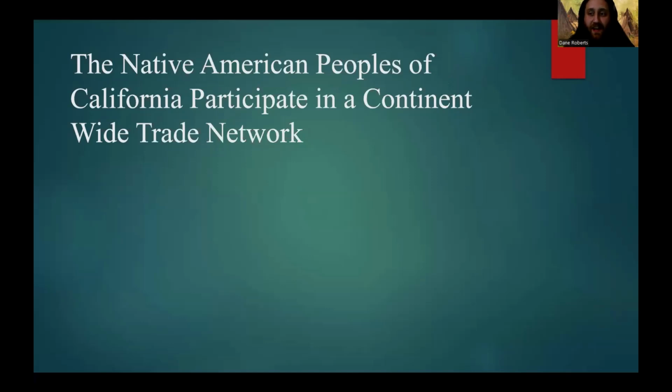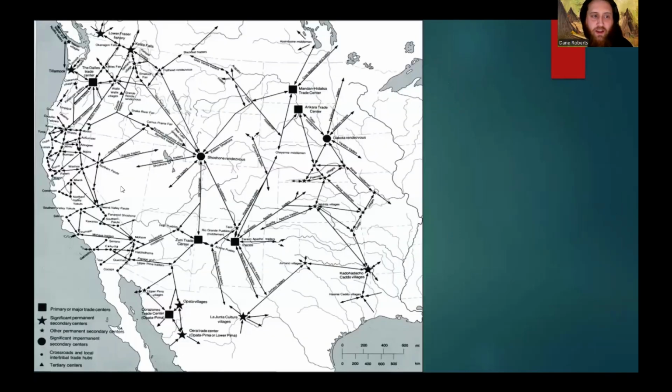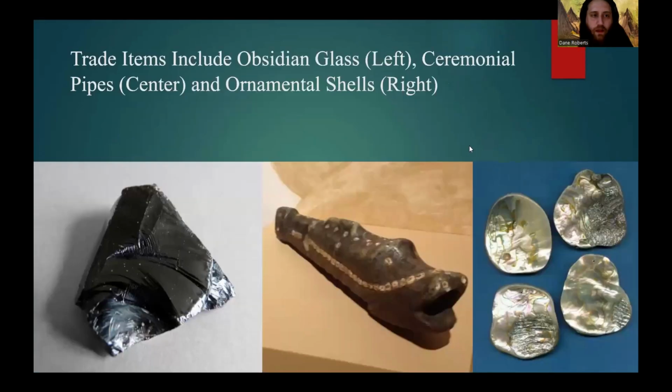On top of this, the Native American peoples of California would participate in a continent-wide trade network, which you can see here on this map here, with trade items including but not being limited to obsidian glass, ceremonial pipes, as well as ornamental shells.